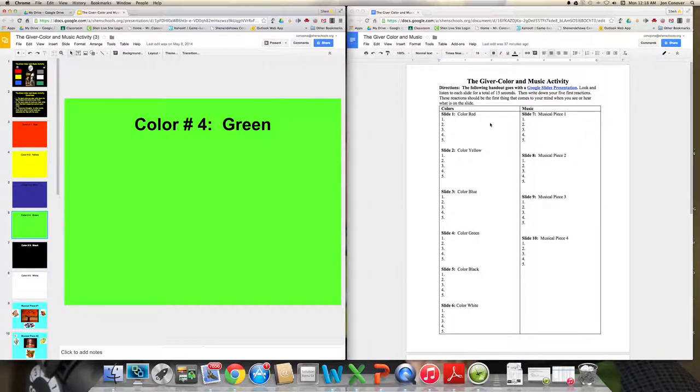This can be done in a multitude of ways. You could do it individually, where each kid receives their own paper and physically writes down those things, or you could have every kid with a Chromebook either typing their own copy on their own sheet to get their own reactions.